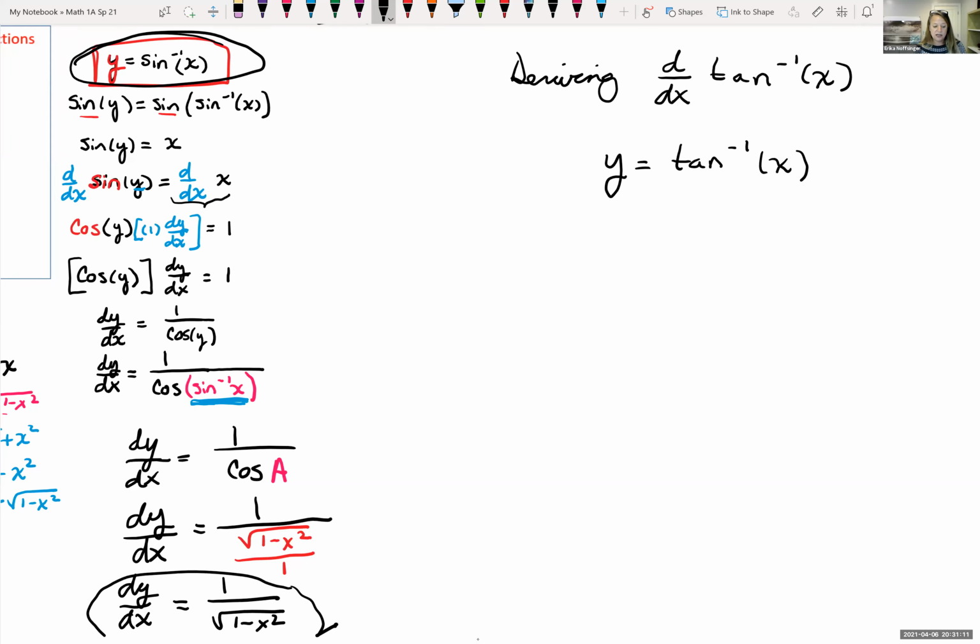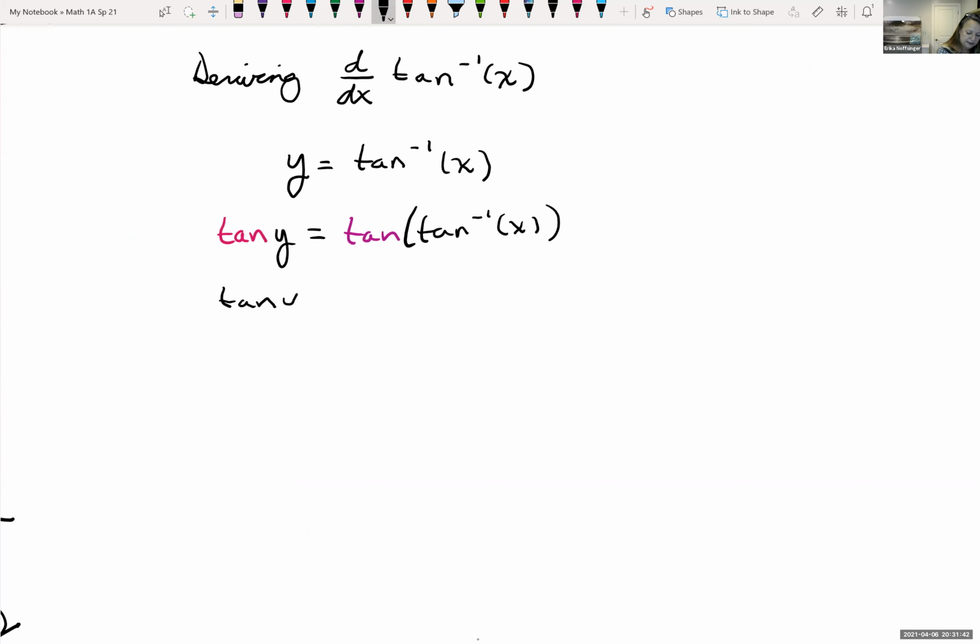So we want to take the tangent of both sides of our equation. So tangent of y is equal to tan inverse, oops, sorry, I just said I was taking the tangent of that side. Both sides: tan of y equals tan of tan inverse of x. So doing that, we have tangent of y is equal to x.